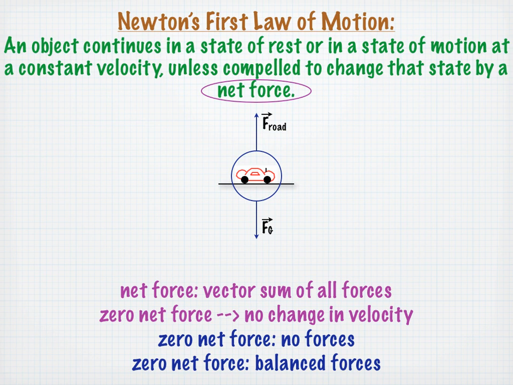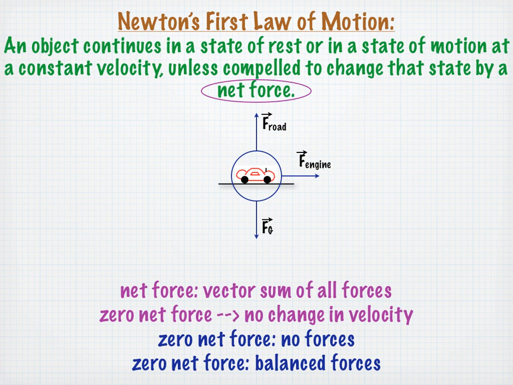What if my car is moving to the right at a constant velocity? There's a force from the engine that moves it to the right, but if it's continuing to move at a constant velocity, then the force from the engine can't be equal to the net force. Otherwise, its velocity would be changing according to Newton's first law.